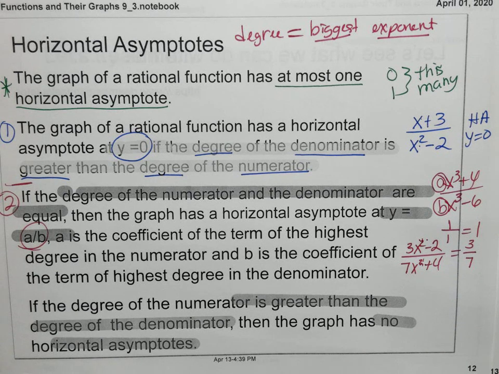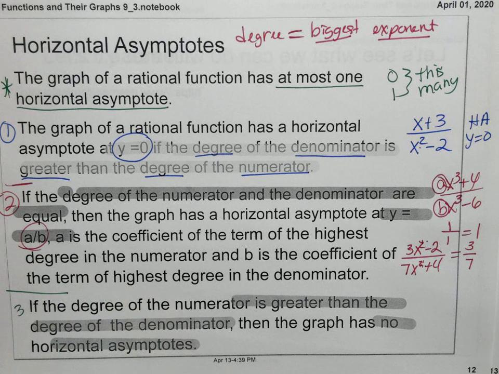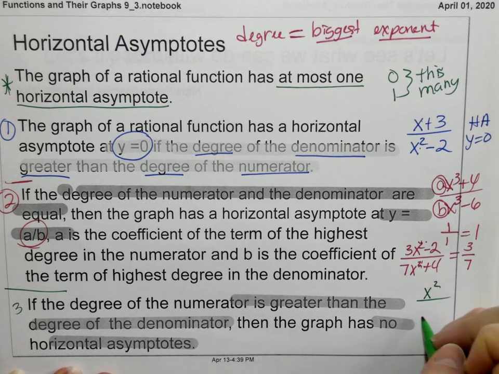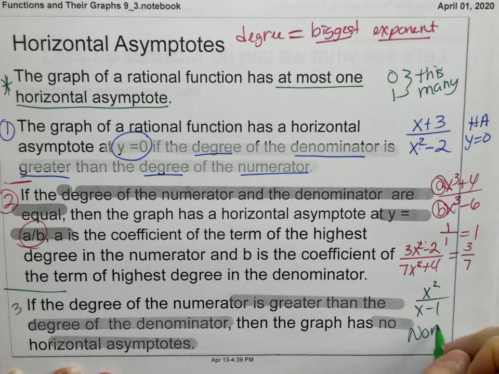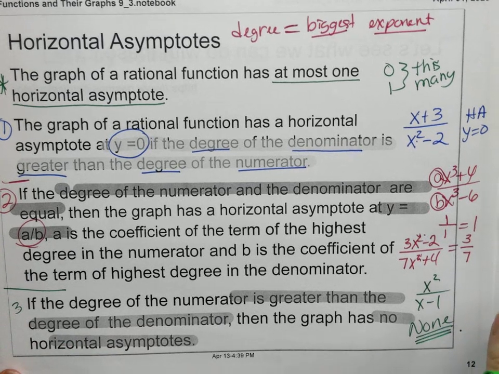My third rule says if the degree of the numerator is greater than the degree of the denominator, then there isn't one. So if I have x squared over x minus 1, there isn't one. None, because the degree of the numerator is greater than the degree of the denominator.